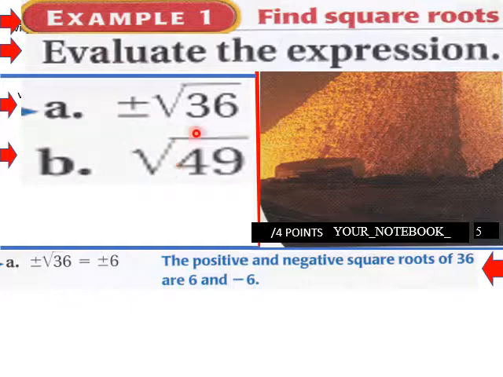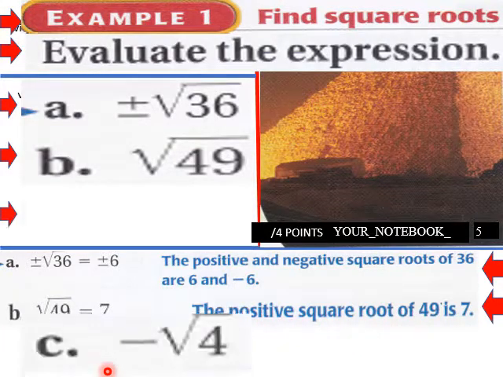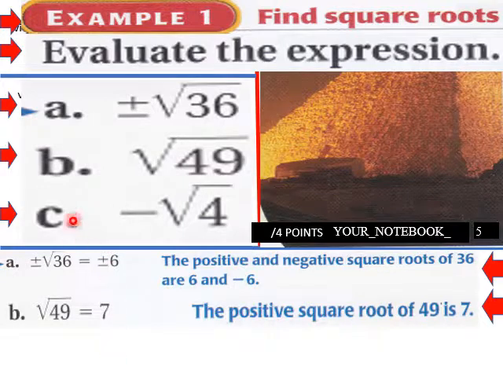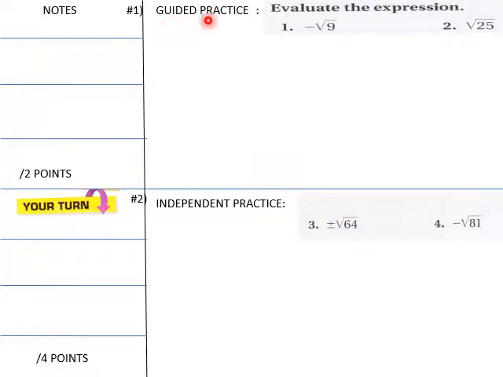What's the square root of 49? The positive square root of 49 is 7. And then the negative square root of 4 is negative 2. Here's our first guided practice for this lesson.